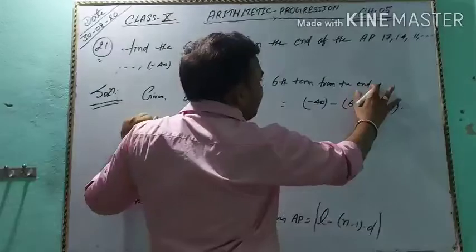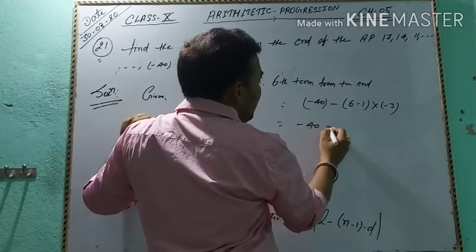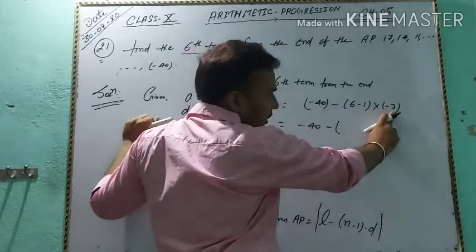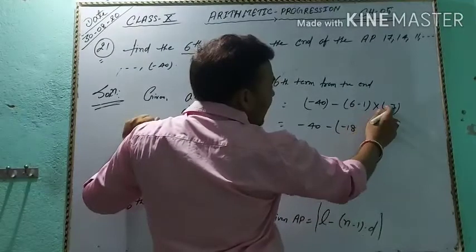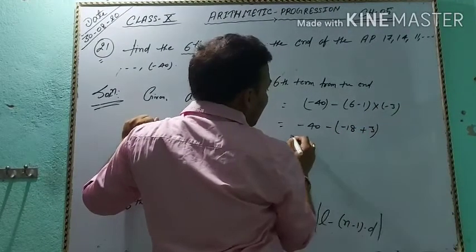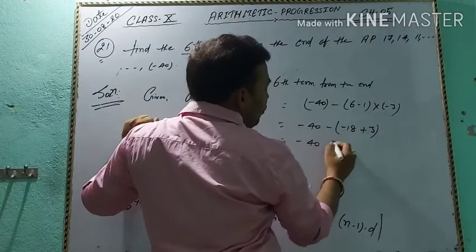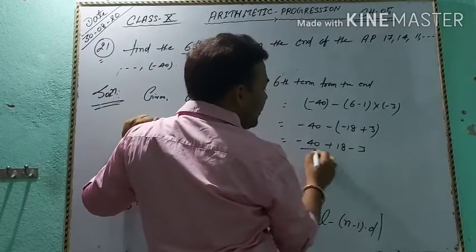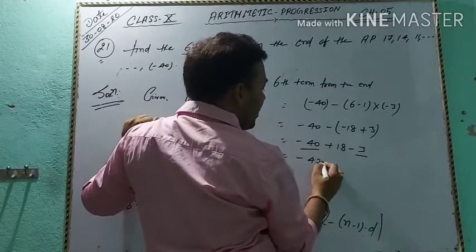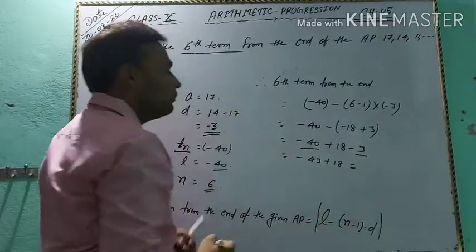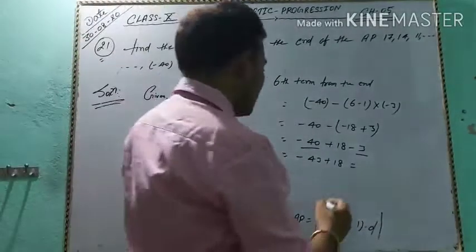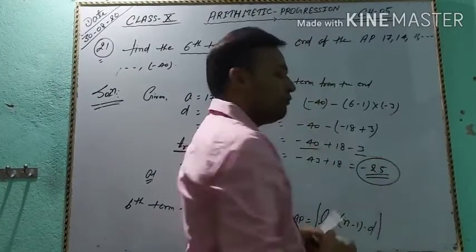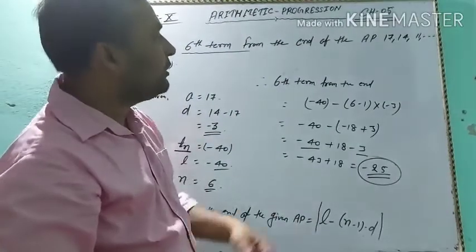So minus 40 minus 6 multiplied by minus 3, minus 18, and minus into minus is plus 18. Minus 40 plus 18 equals minus 22. Minus 40 and minus 3 equal to minus 43 and plus 18 equal to minus 25.